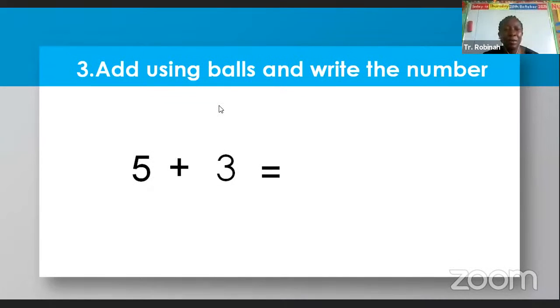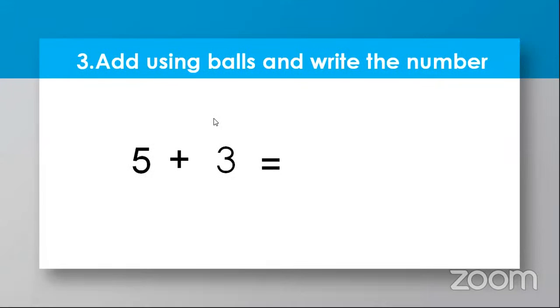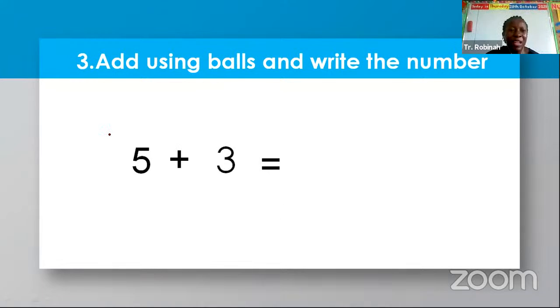Rich Tomsange. Yes, teacher. 5 balls, because the question is telling us add using balls and write the number. So we shall draw our 5 balls.